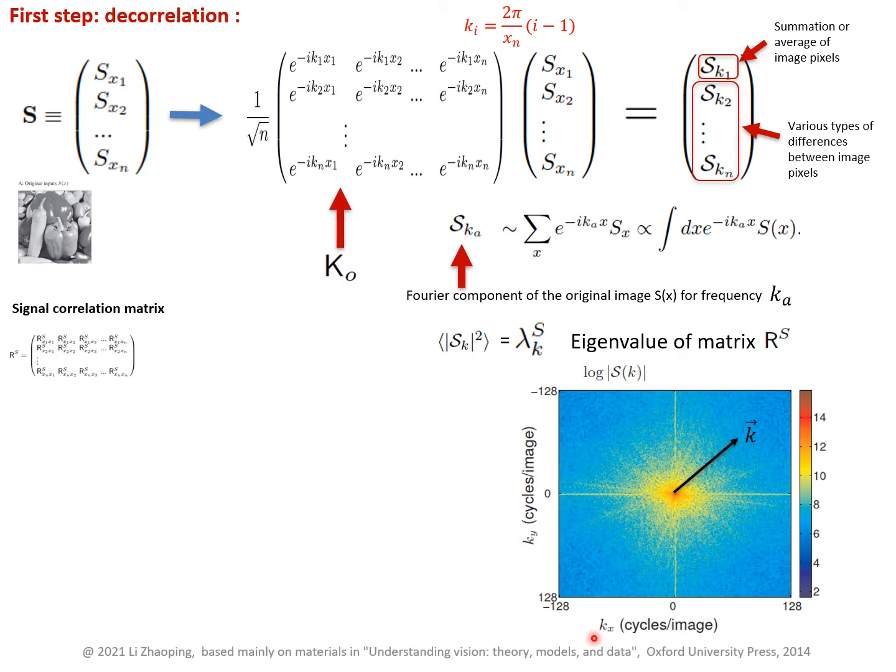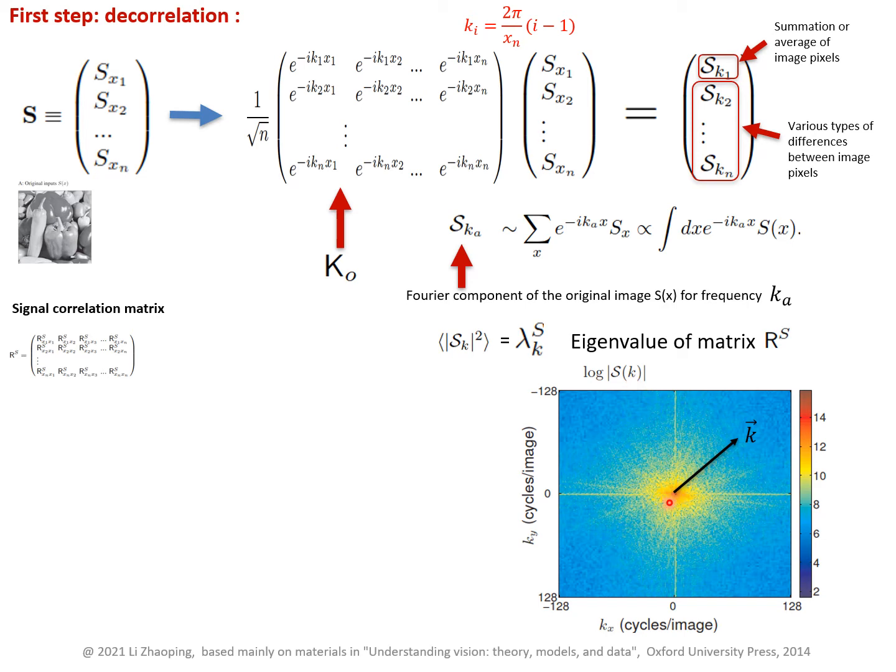It is measured as cycles per image, meaning that the Fourier wave has a wavelength such that the whole image can have that many cycles. And so, of course, the higher the frequency, the more cycles for the whole image. You can see that the magnitude of the Fourier component is highest when the frequency is 0.